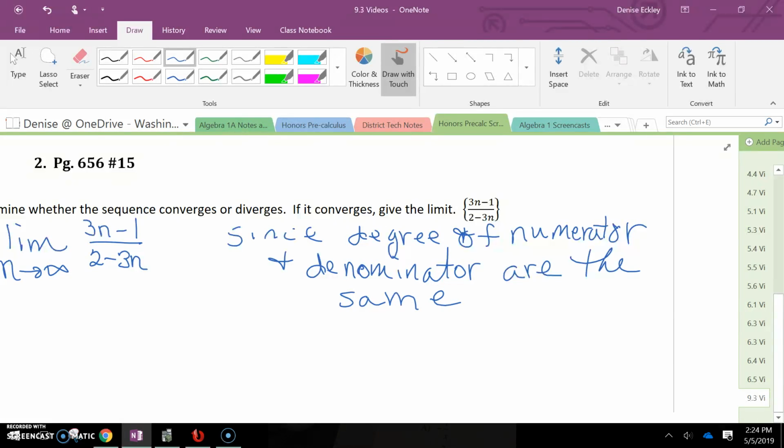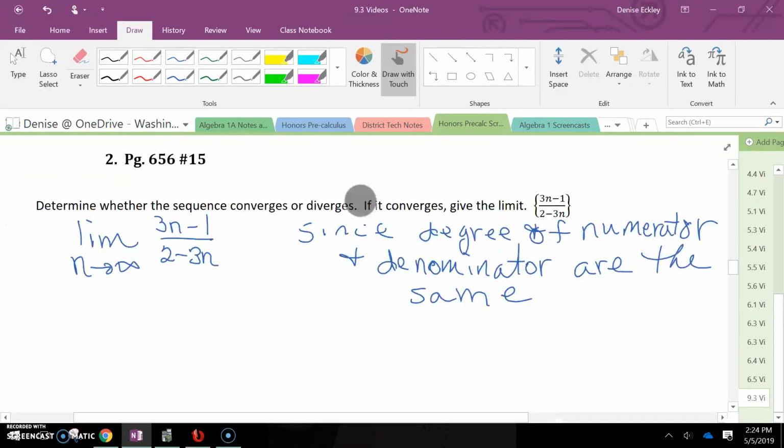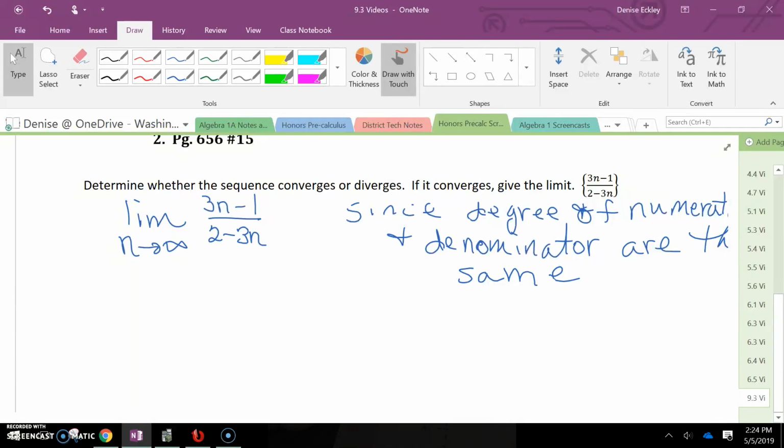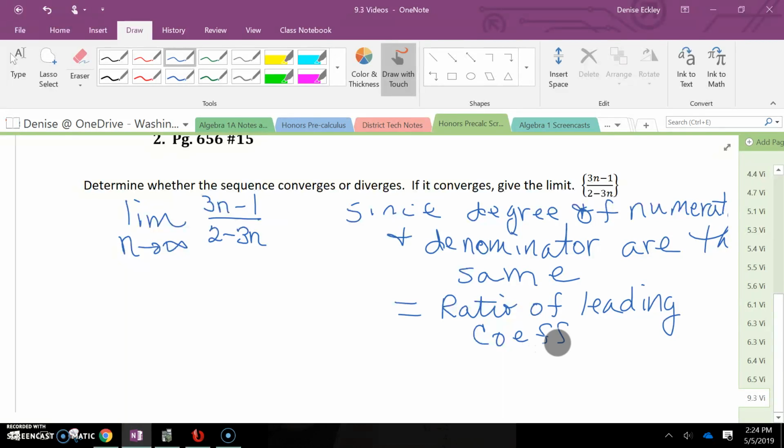If you recall, our limit is going to be the ratio of the leading coefficients. So in this case, we have 3n minus 1, which has degree 1. And in the denominator, we have 2 minus 3n, which also has degree 1.